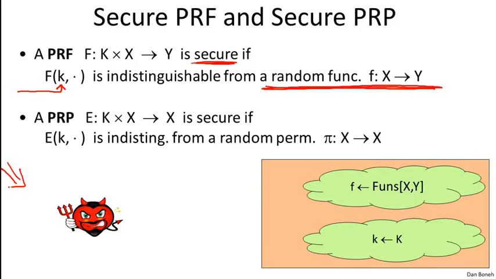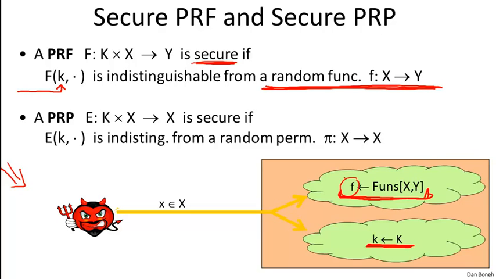Here we have a simple cartoon to explain what it means to be secure. Imagine you have an adversary interacting with a particular challenger. The challenger does one of two things: either he chooses a random key for the PRF, or he chooses a truly random function from the set X to the set Y. The sets X and Y are finite, so the set of all possible functions from X to Y is also finite.